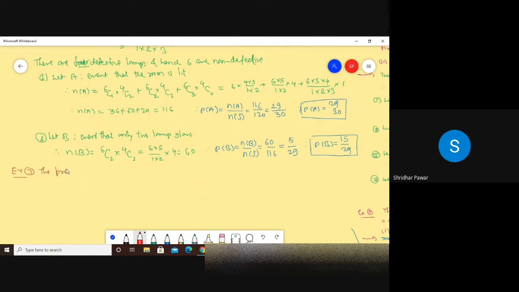The probability that... or before that, I would like to introduce you about some new types of events.